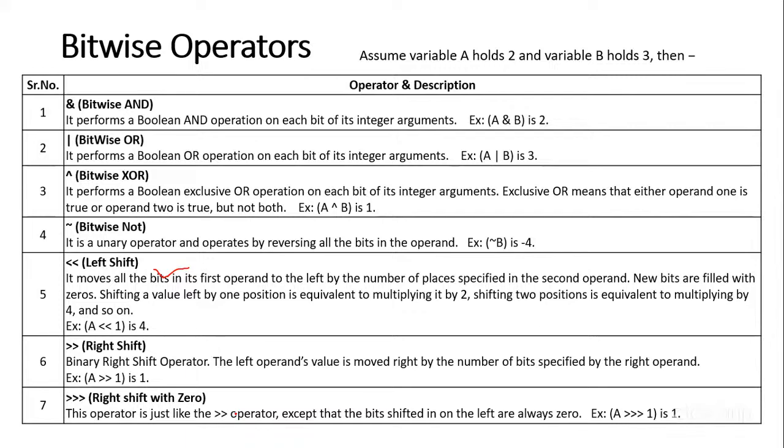I have given it along with the example. In all our examples, we are assuming that the A value is 2, the B value is 3. Depending on that, for every category, I have taken one example. Just try to understand that. Very simple.